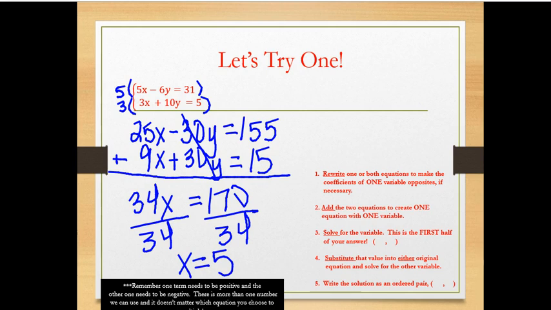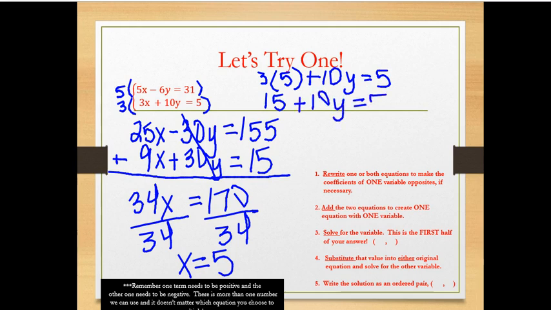From there, I can plug it into either equation, the top or the bottom. I'm going to choose the bottom just because it's smaller numbers. So I'll get 3 times 5 plus 10y equals 5. So I'll have 15 plus 10y equals 5.